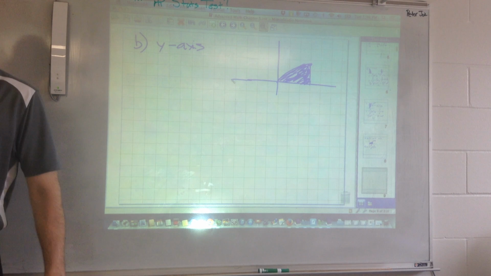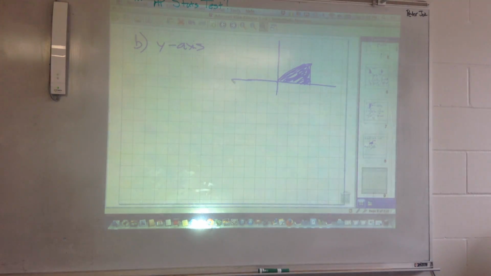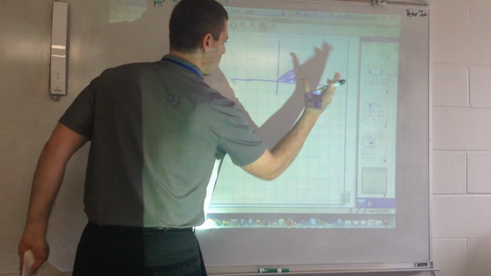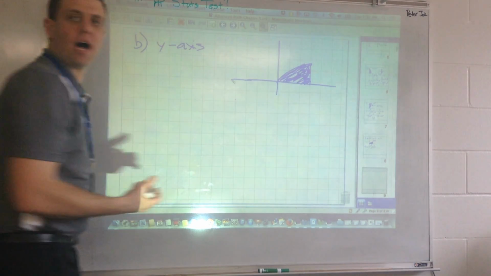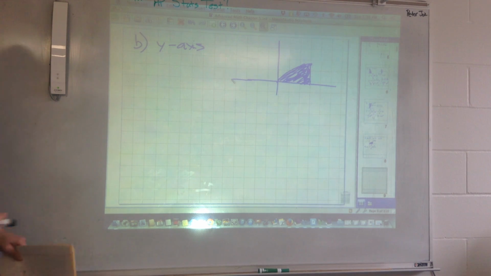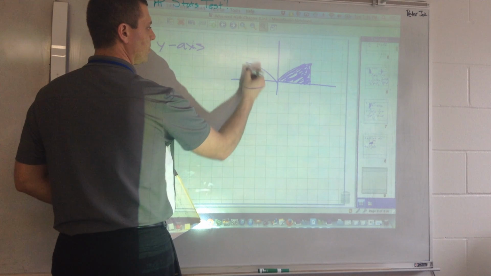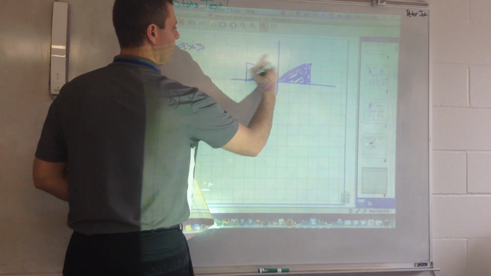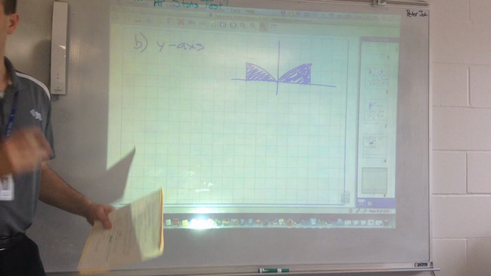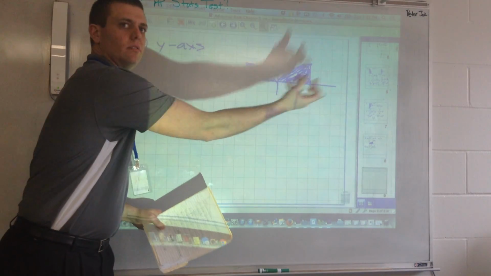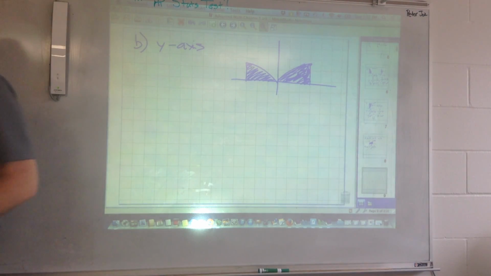Now, if I take this solid and I rotate it around the y, you'll really end up with something like this over here as well, except it'll be that full circular solid.